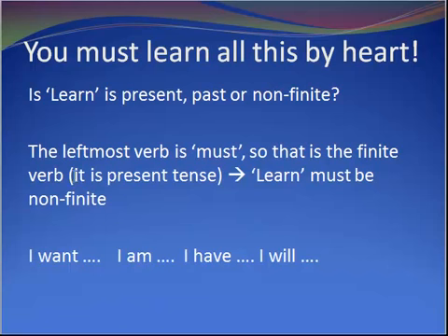So then we can try putting it in these frames. I want to learn, so that doesn't work. This would be I want to learn. So learn here is not full infinitive. I am learn doesn't work because it would be I am learning, so it's not an ing form, which you can also see because there is no ing ending. I have learn doesn't work.